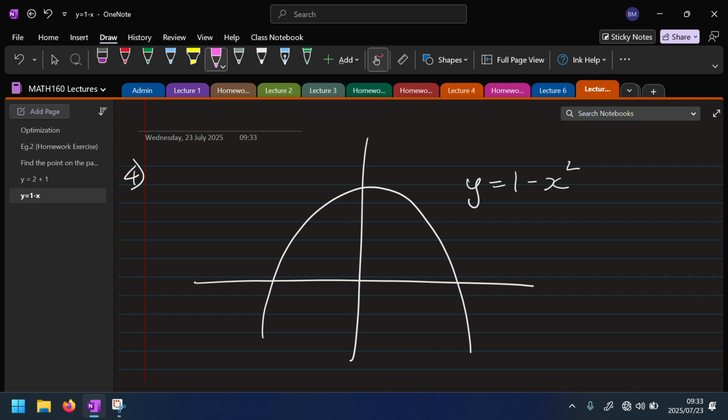Below the parabola, but above the straight line, we're going to draw ourselves a circle, something like that. We've got the circle below the parabola, above the x-axis.